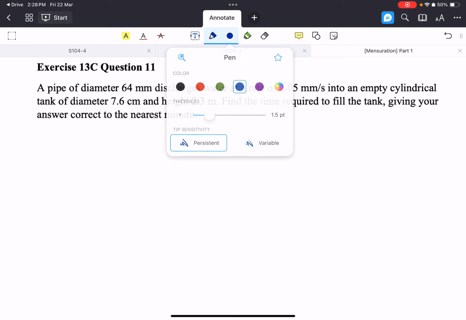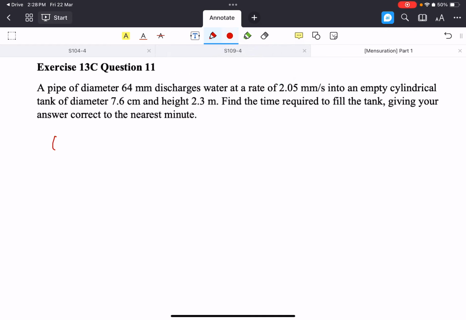So maybe I just do a quick sketch for you to see what's going on. This is the pipe, and the water in, water out. The water comes out based on this area, and then there's a certain length to get the volume of water. So we do need to find out what this area or cross section is first, right?